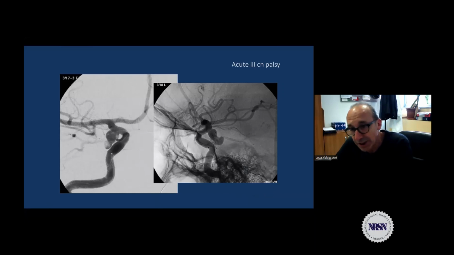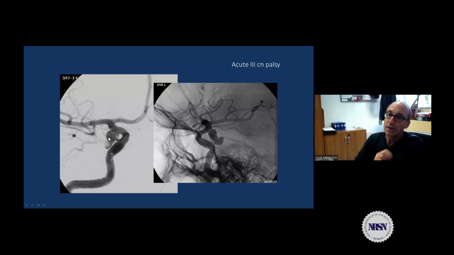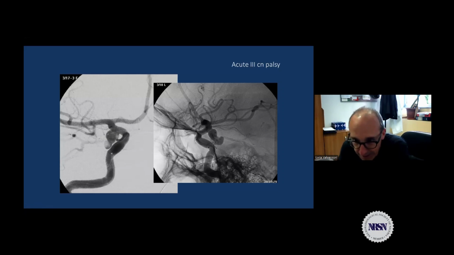Another patient, young patient with an acute third cranial nerve palsy, basically acute diplopia, which is typical of posterior communicating artery aneurysms like this one, that has a big bleb, which is basically a small hemorrhage here down the sac, where the third nerve is running.